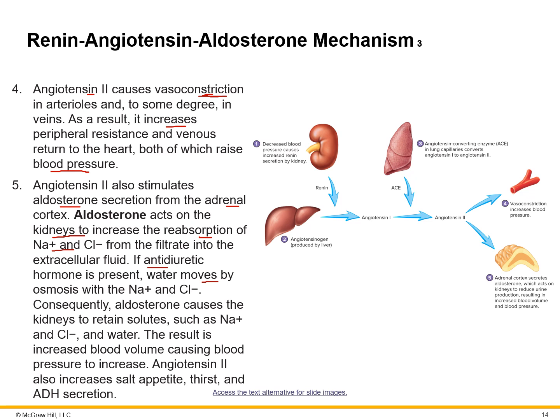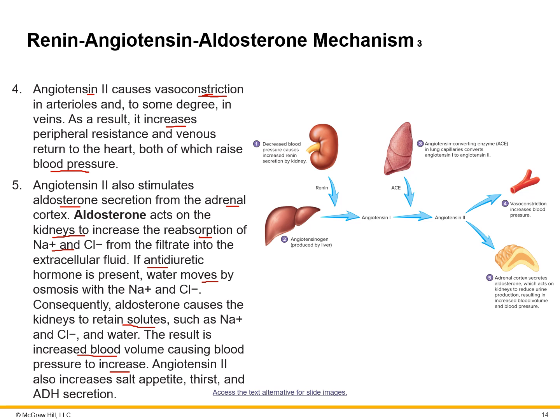So ultimately, aldosterone causes the kidneys to retain solutes, and as a result, due to osmosis, that's going to increase blood volume. The water is going to stay in the blood vessels trying to dilute out that extra sodium and chloride, and that's going to cause the blood pressure to go up.